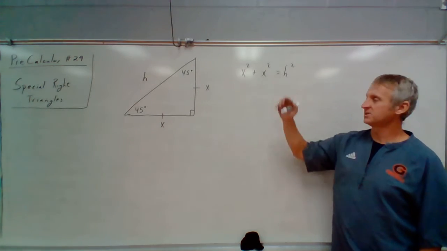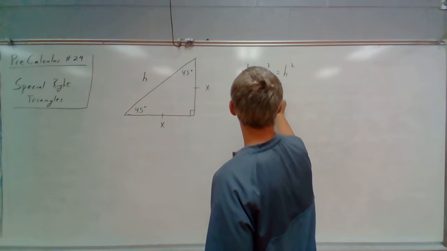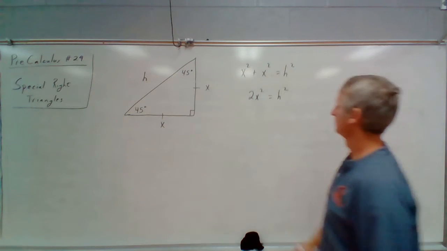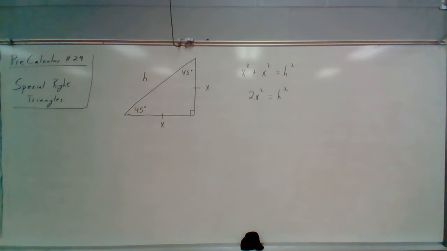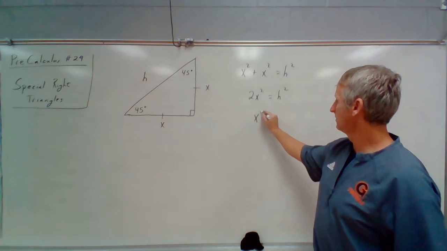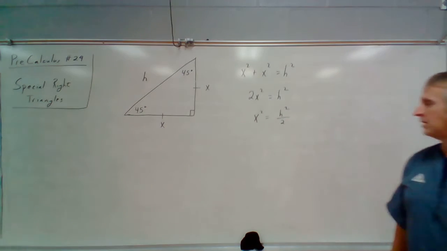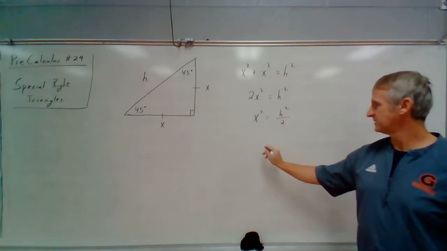X squared plus x squared is 2x squared. All right, let's solve this for x. Okay, so I'm going to divide both sides by 2. And I'll take the square root of both sides.